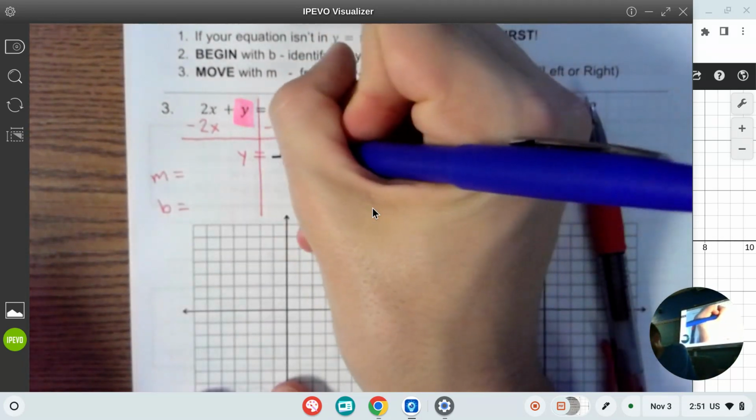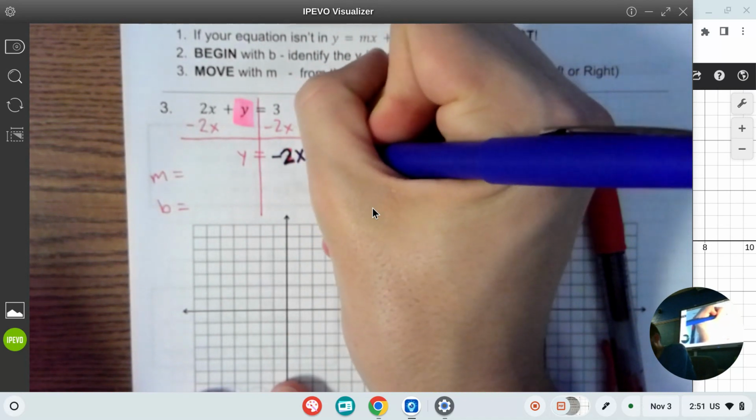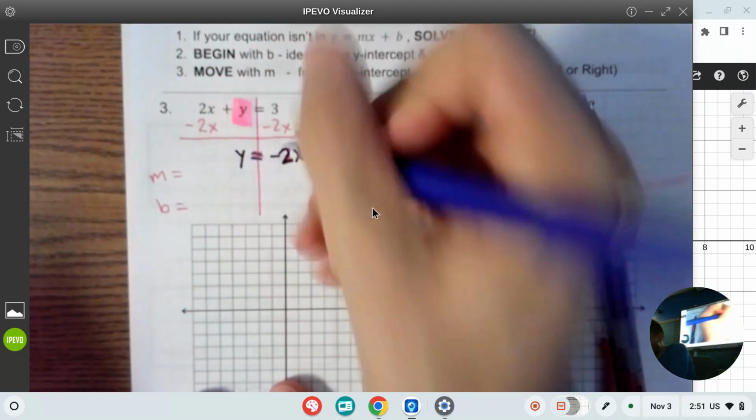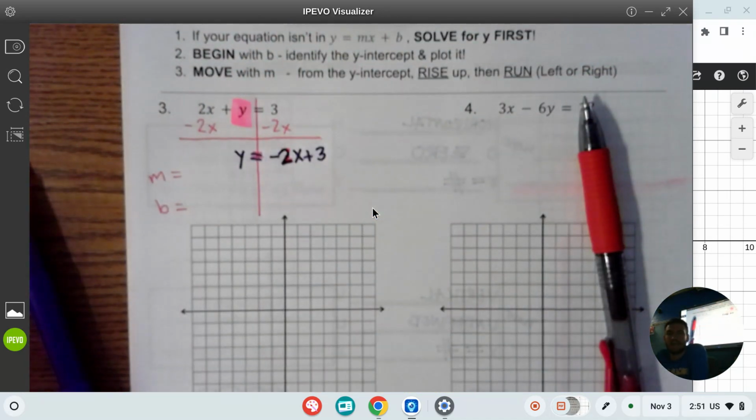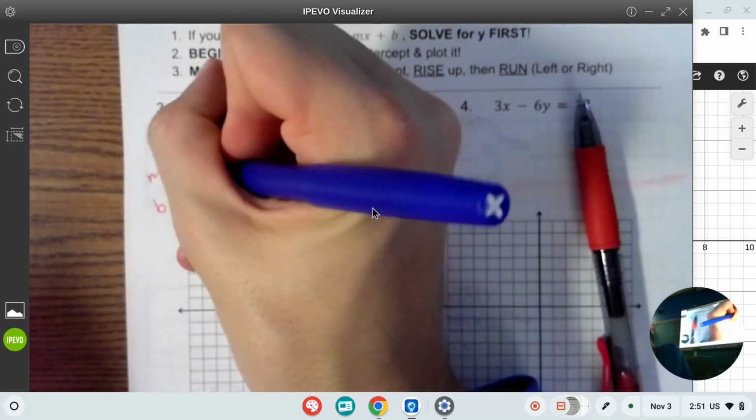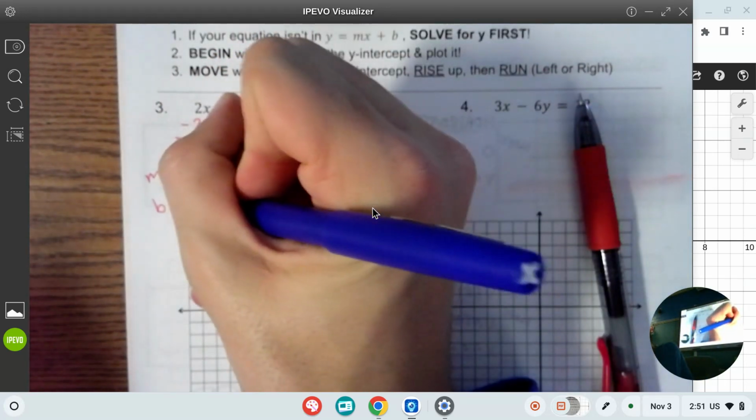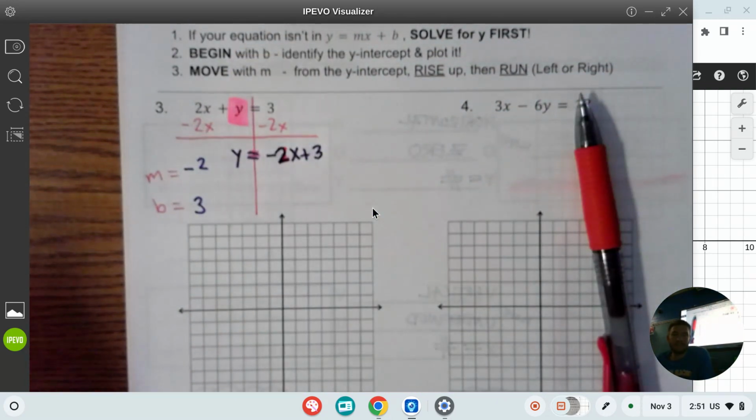Here, I'll just go over it in blue. There we go. So we have Y equals negative 2x plus 3. From here, we're going to need to grab our M and our B, which we can definitely do. The M is negative 2. The B is 3.